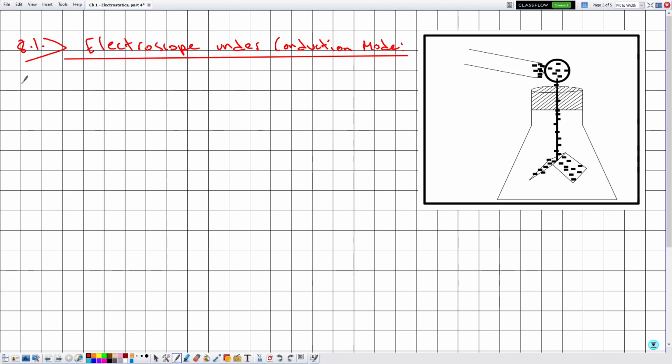So let me write number 1. A negatively charged ebonite rod is brought in contact with a neutral electroscope.